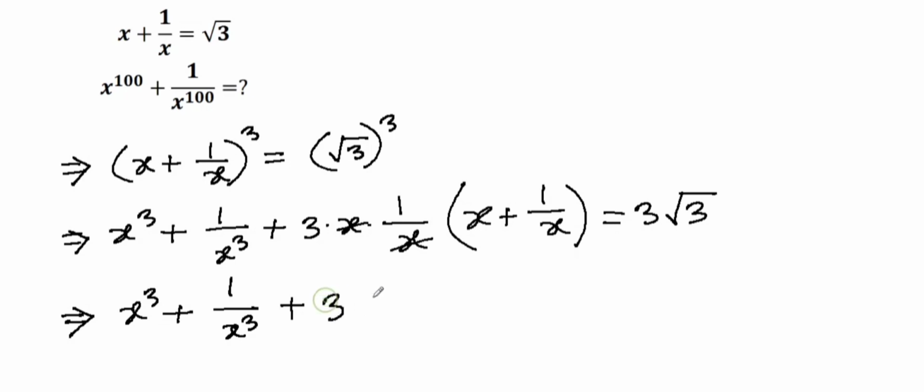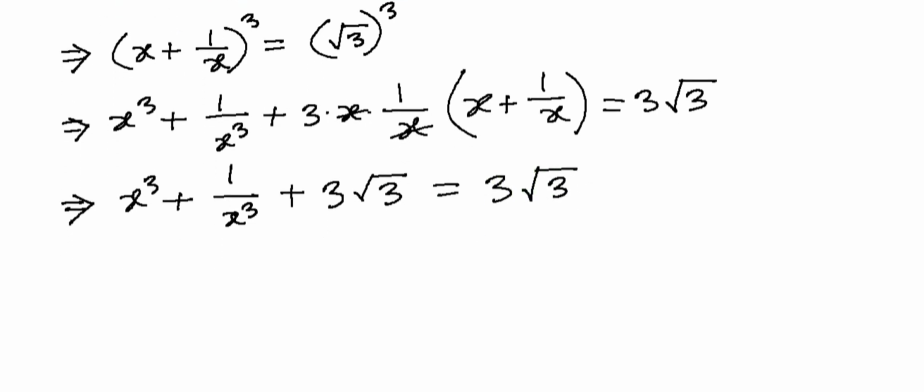So here we can write, then here equals 0, because here 3 square root 3 minus 3 square root 3 equals 0. So that's why we put the value 0 here.